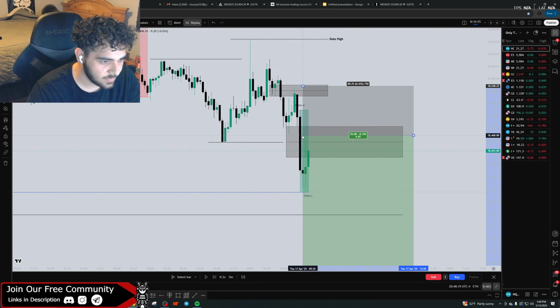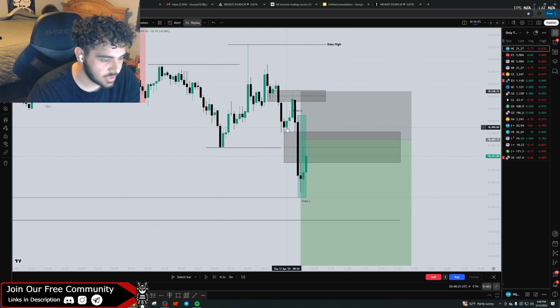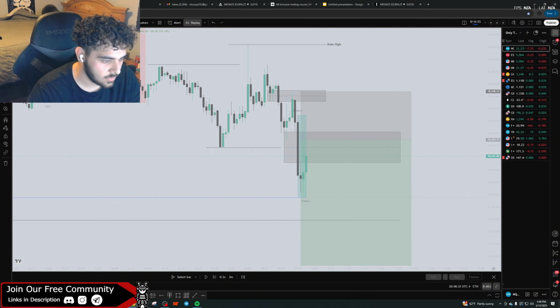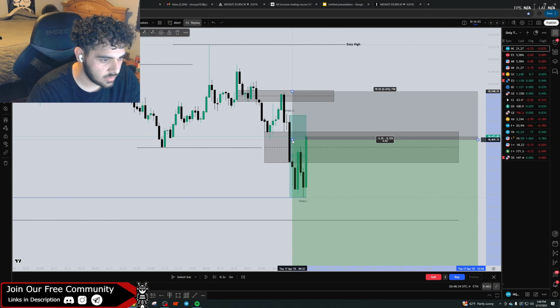Down here we're not getting good RR. Up here, we have this potential breaker order block that's forming, so it probably looks better on the lower time frame. Yeah, so right here, that's going to be our entry.